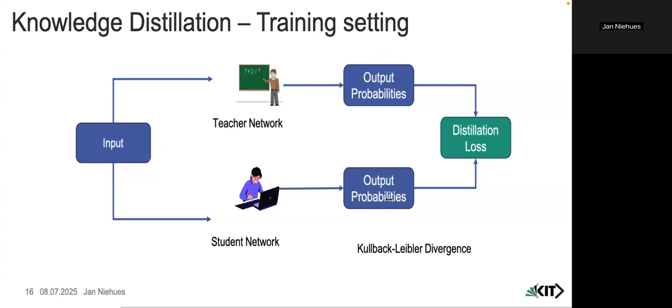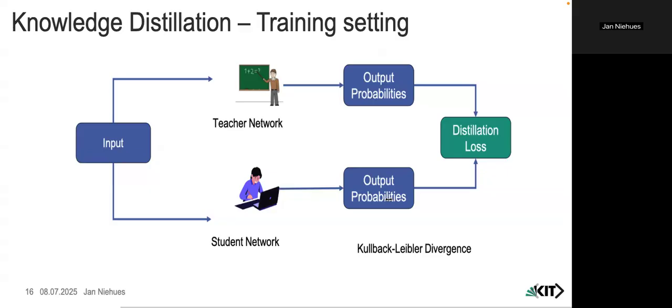Now let's assume we start very easy. We just have a classification task. In that case, the output is a distribution over all possible classes. Imagine you have an image network which classifies cats, dogs, and rabbits. Then you have three probabilities in the end.